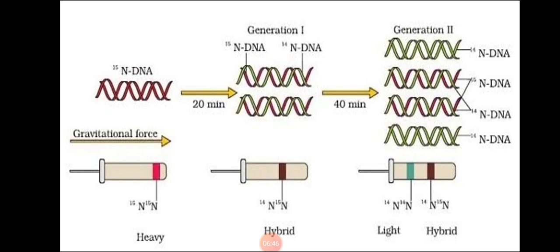We can see this in a further generation, generation 2, which happens after 40 minutes, because the first generation was after 20 minutes, so the second generation takes place after 40 minutes, 20 plus 20. Each cycle is 20 minutes, because E. coli bacteria multiply every 20 minutes, so the DNA present in the E. coli also multiplies in 20 minutes.